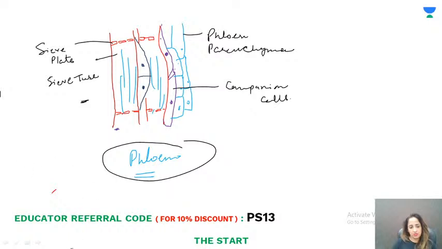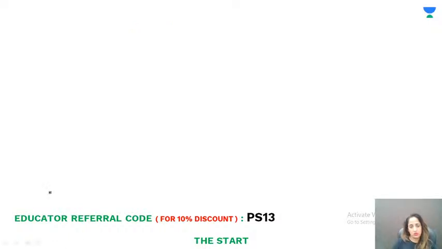So guys, today we have talked about meristematic tissue and permanent tissue. Under meristematic: apical, lateral and intercalary. Under permanent, we have talked about simple permanent and complex permanent. For simple permanent, there was parenchyma, collenchyma, sclerenchyma. And for complex permanent, we talked about phloem and xylem.